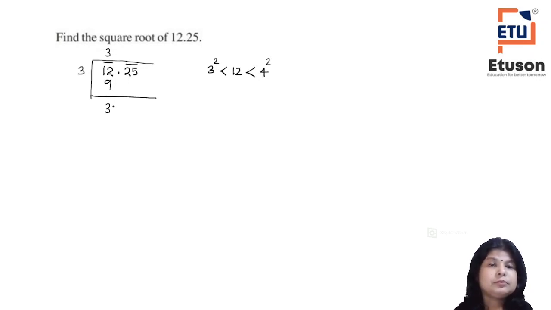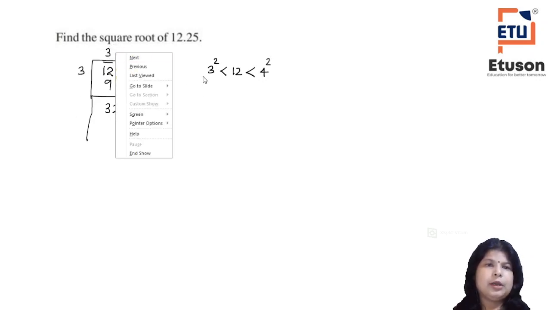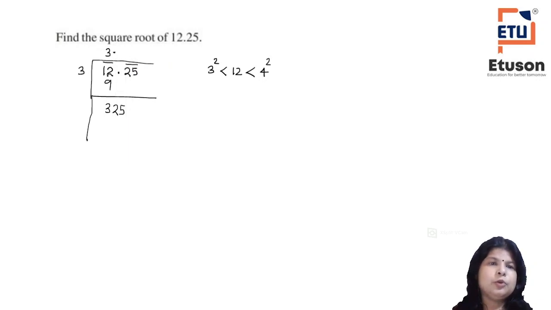So now what you have to do? Now you have to take this 25 below, because 25 is after the decimal point. So you have to put a decimal point in the quotient part also. Right? Now what about your new divisor?